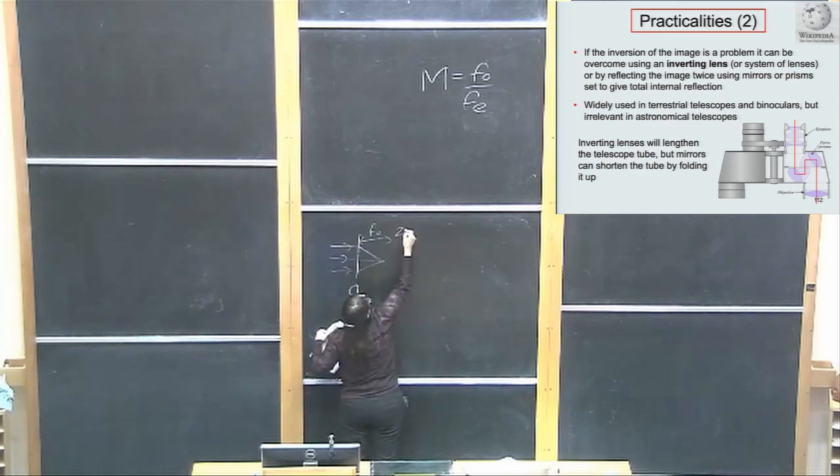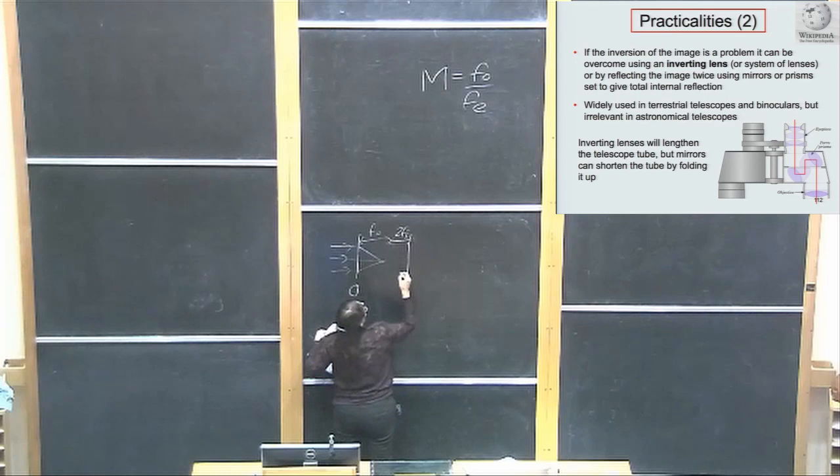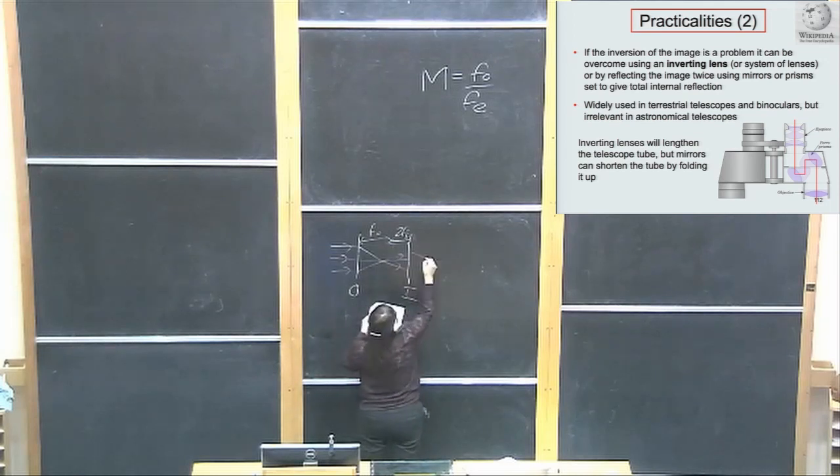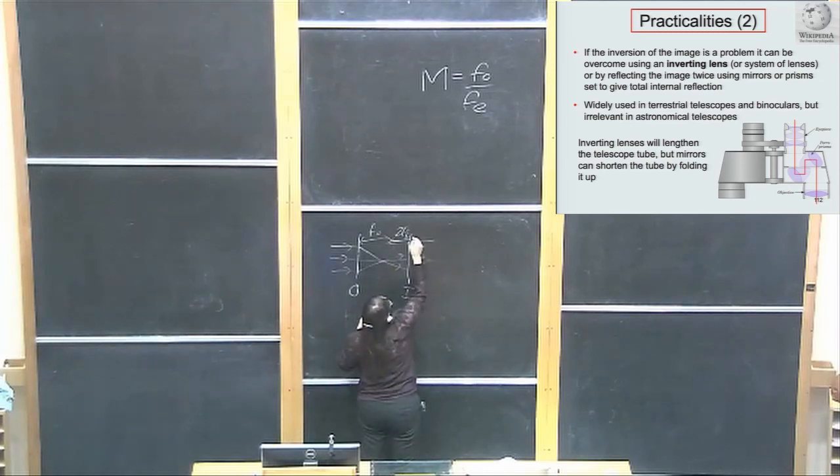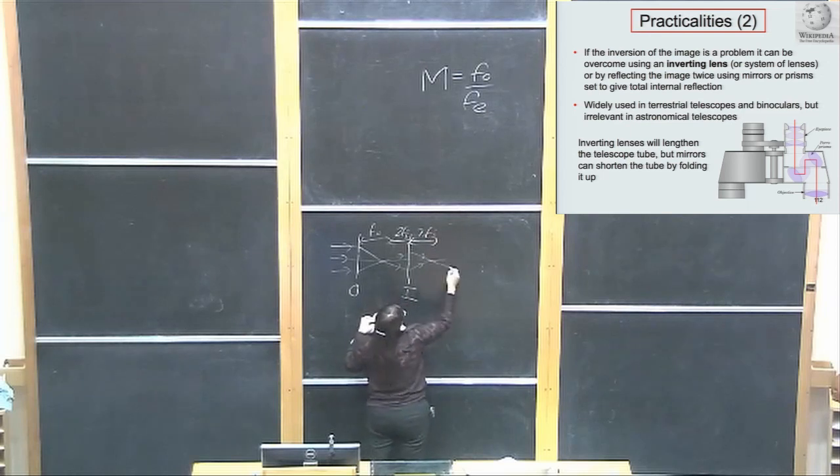And if you place another lens, two of its focal lengths away, this is the inverting lens, it will invert the image again, but not change its size. If you put it two focal lengths away, then it just has the effect of inverting. And then you have your eyepiece as usual, like that.